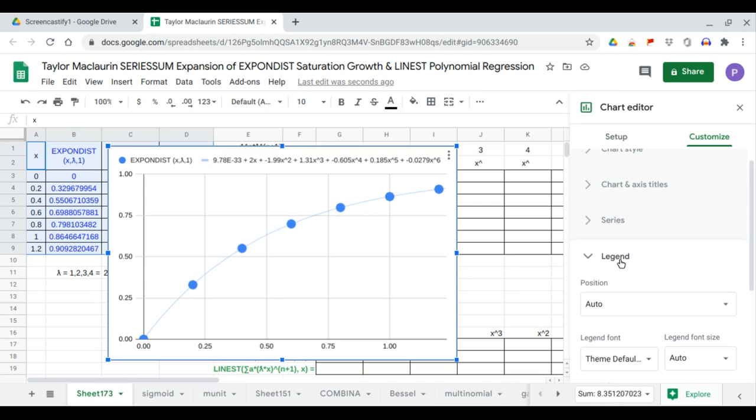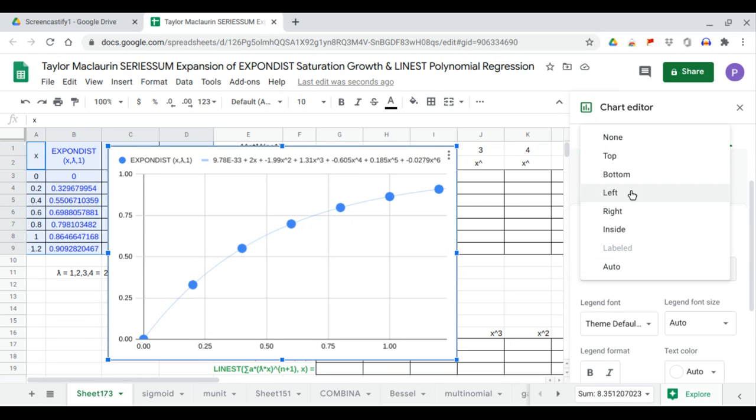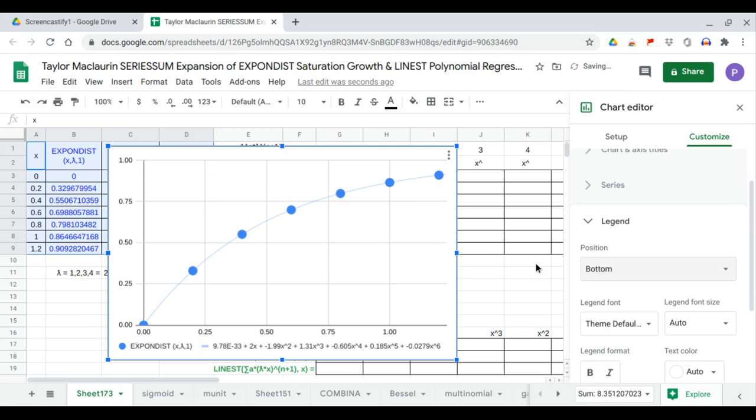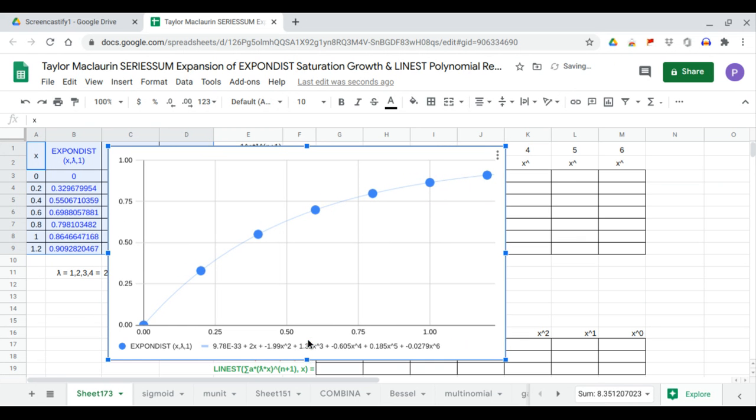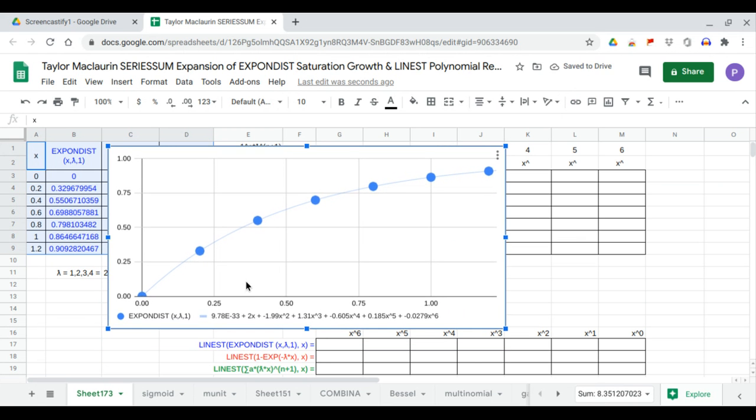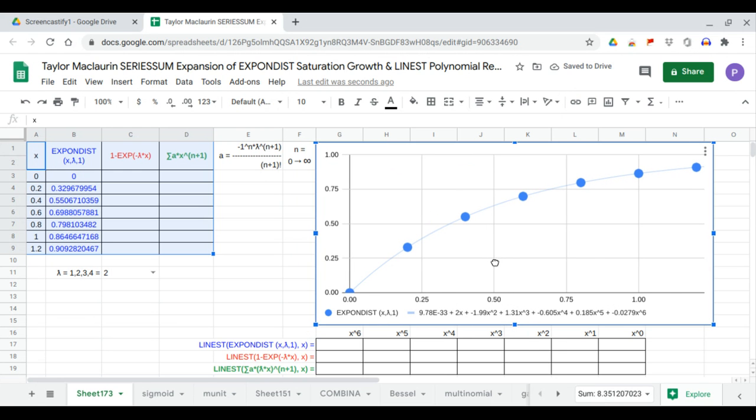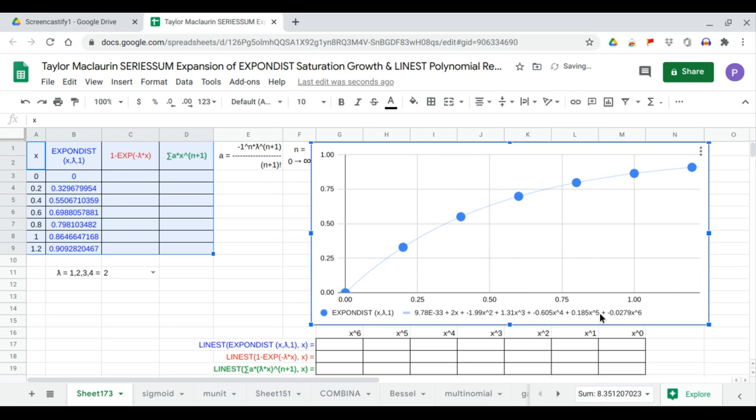Go back to the legend, relocate it at the bottom for easy comparison with our polynomial regression coefficients. So here's our EXPONDIST, and here's the trend line polynomial.